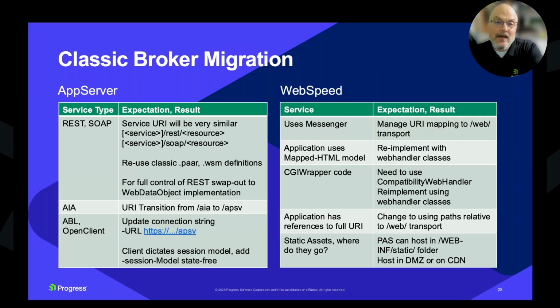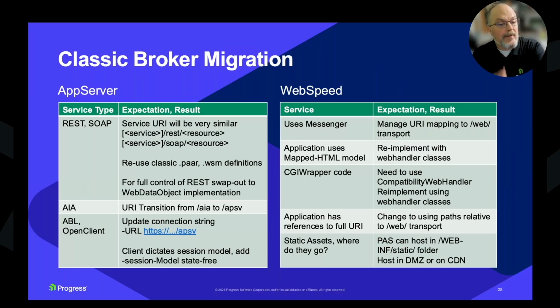On your client, say it's an ABL client or a .NET or Java open client, the one thing that certainly needs to change out there is how you connect to the PAS broker or the PAS instance. The typical way that a lot of customers connect to a classic application is going through the OpenEdge name server. If you're using a direct connect style connection, that means you're going directly to the OpenEdge broker port.